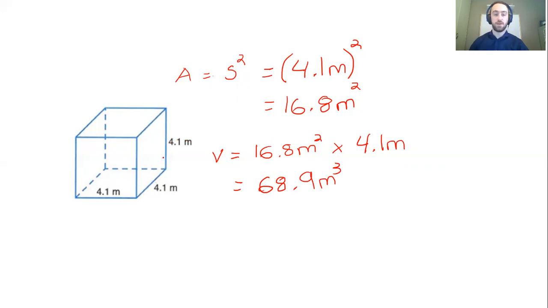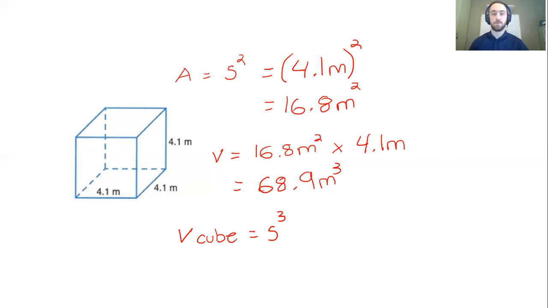Now, you might have noticed something peculiar with cubes. Since all sides are equal, can we not just say the volume of a cube is equal to its side cubed? Its side cubed. And this makes sense because the area of a two-dimensional square is the side length squared.